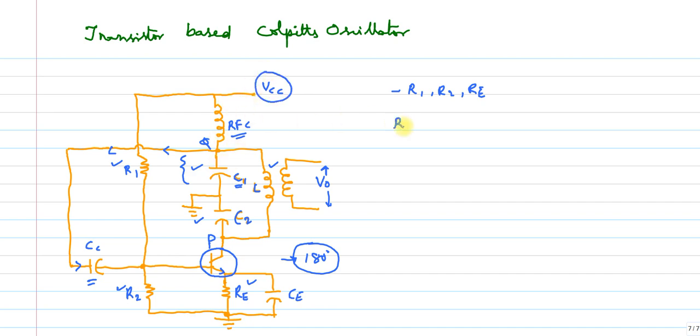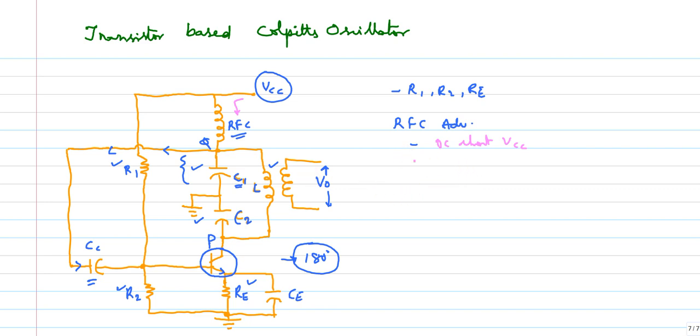I want to show the RFC advantages. First, it acts as a DC short to VCC. That means the current from VCC comes through this RFC, not an issue, but it acts as an open circuit for AC.